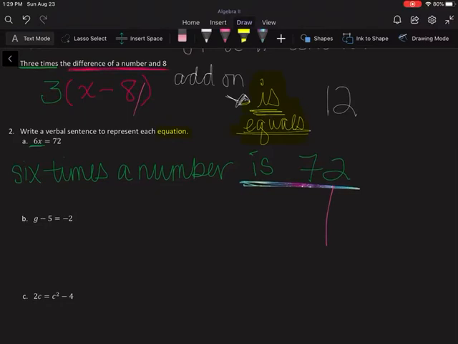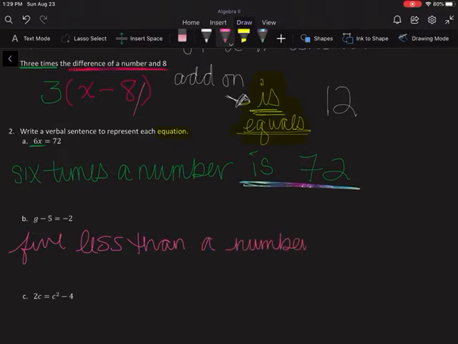6 minus 5 equals -2. I literally just said it out loud, what we could write down. We can use fancier terms. We can say 5 less than a number equals -2.